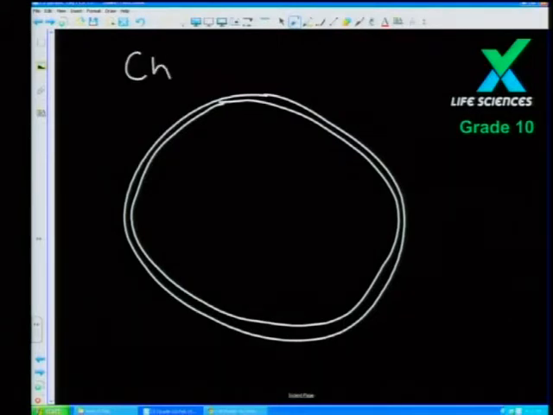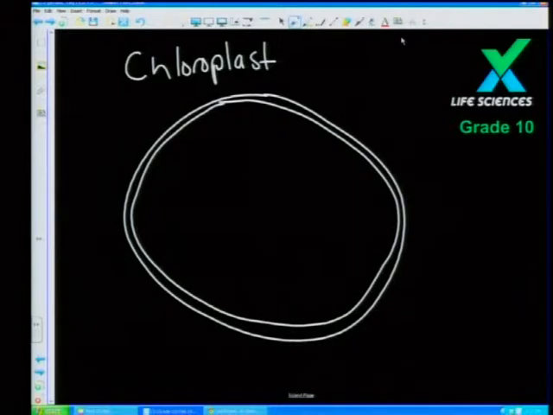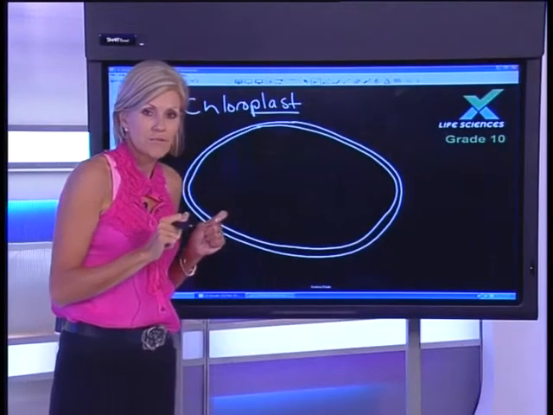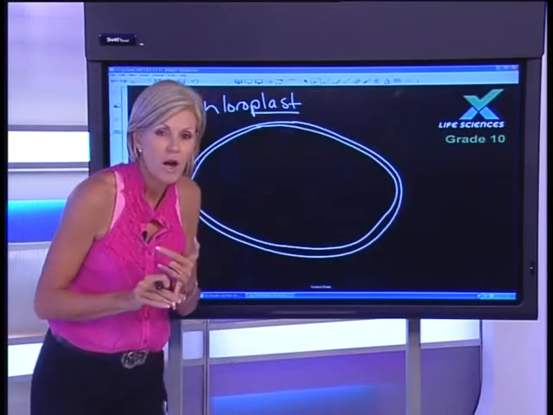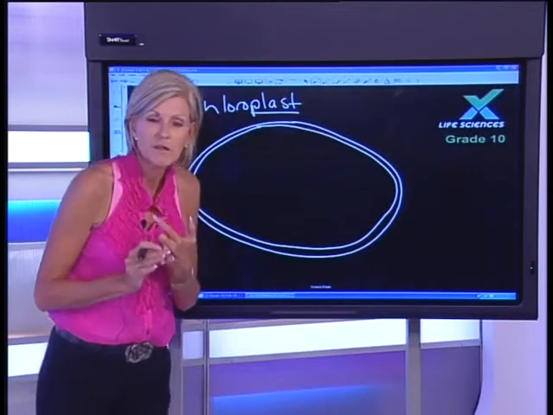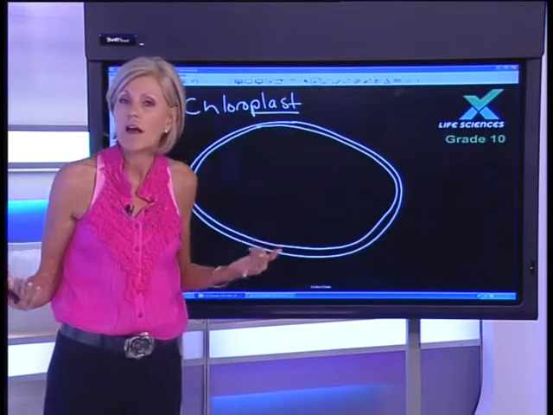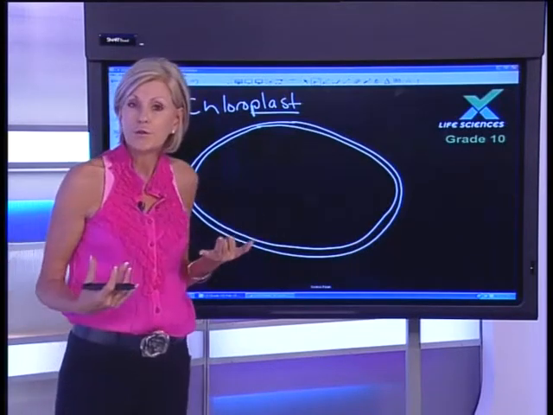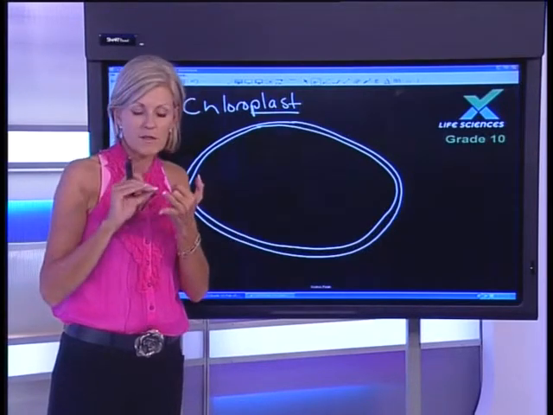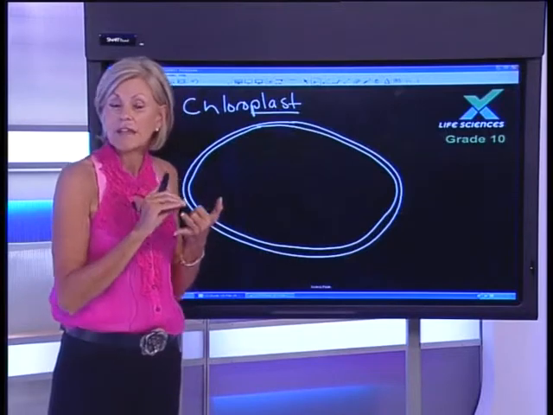Let me just write here, chloroplast. Now, you only get plastids in plant cells. Your chloroplasts are green. You get your chromoplasts, which will give color to a flower or color to fruit or vegetables. Those are your chromoplasts, and chromoplasts are red, orange, and yellow.